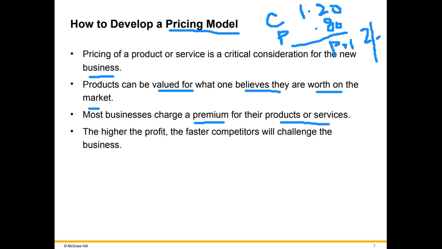Like we have iPhone 16, which has three different options, and the same for the iPhone 17. You can have iPhone 17 Pro and Pro Max. The higher the profit, the faster competitors will challenge their businesses. So if your profit is higher, obviously it will attract many competitors to compete and try to take a bite of the profit that you are already getting.